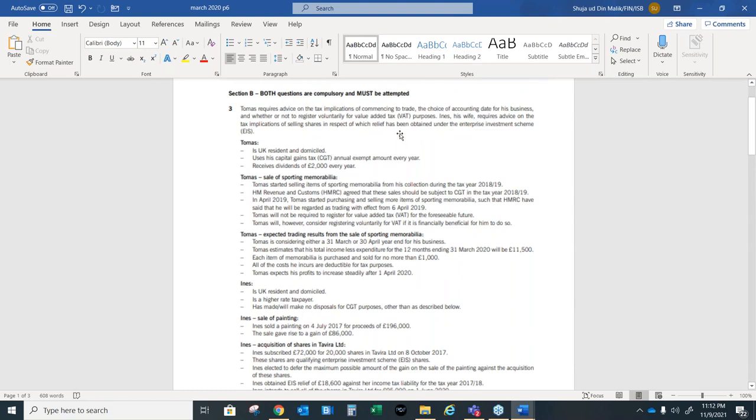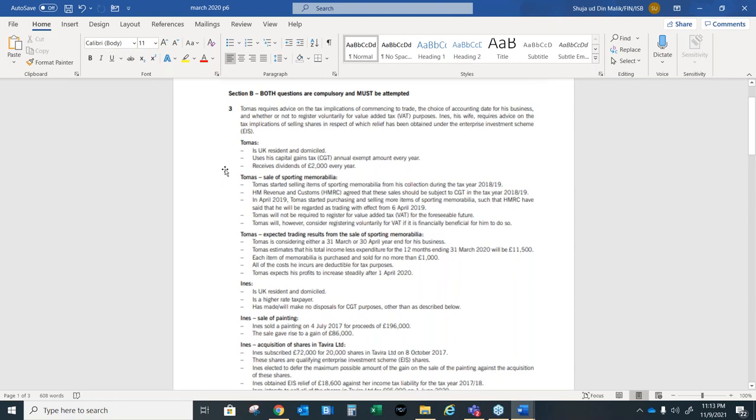The requirement is clear in this introductory paragraph. Thomas details are: Thomas is UK resident and domiciled, uses his capital gains tax annual exempt amount every year, so no wastage is being done.